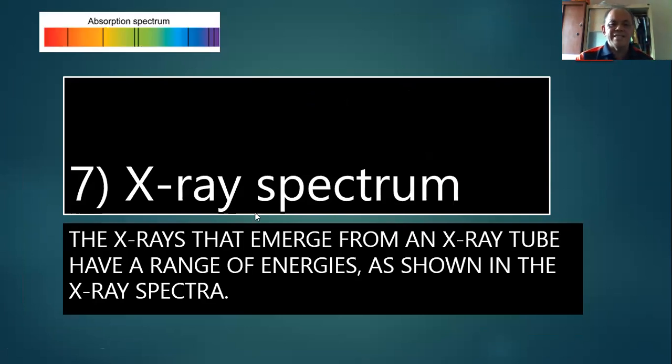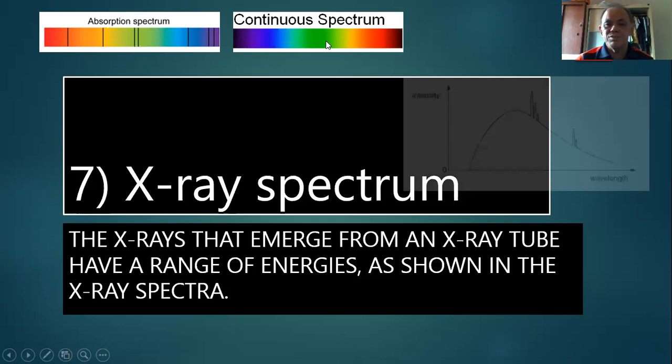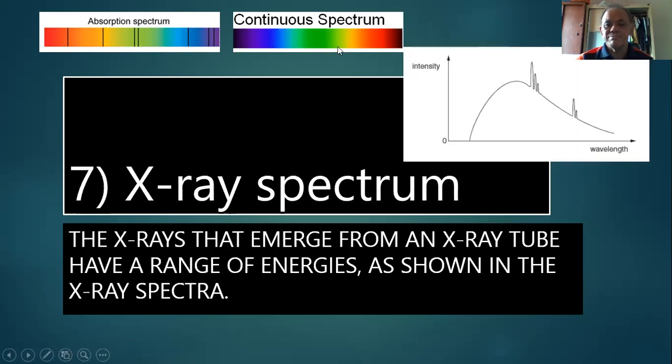So basically, the X-rays that emerge from the X-ray tube have a range of energy, as shown by the spectrum. We have encountered absorption spectrum before, under energy levels in quantum physics, and then continuous spectrum. So this is your X-ray spectrum, which can be intensity against wavelength.